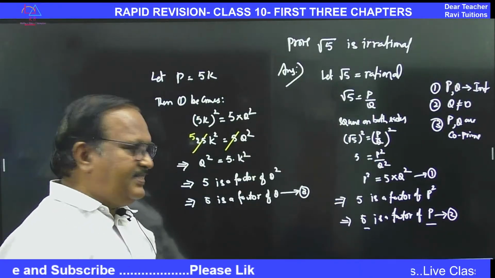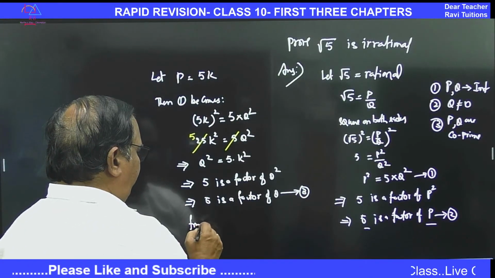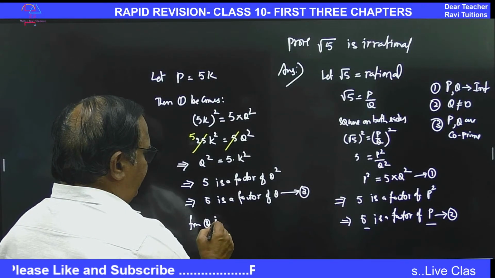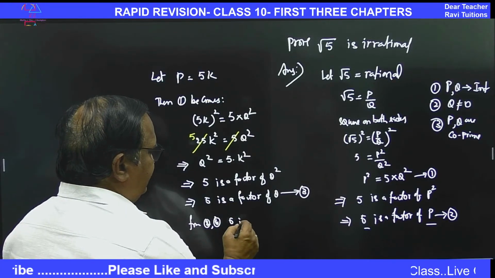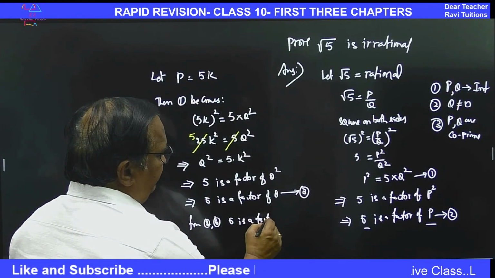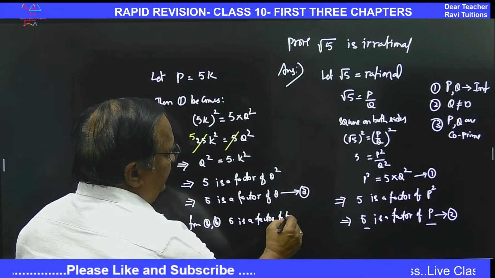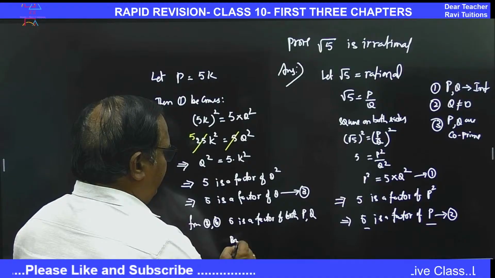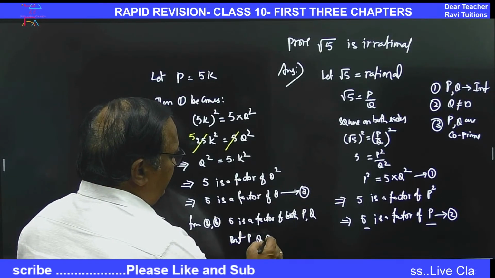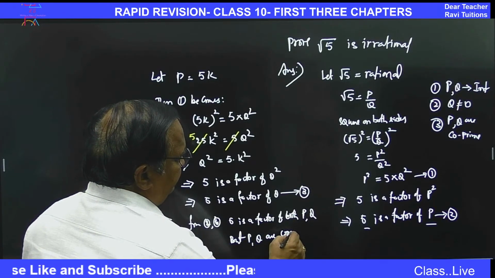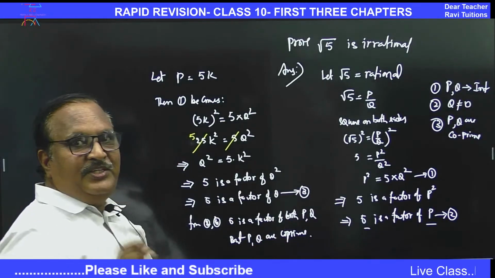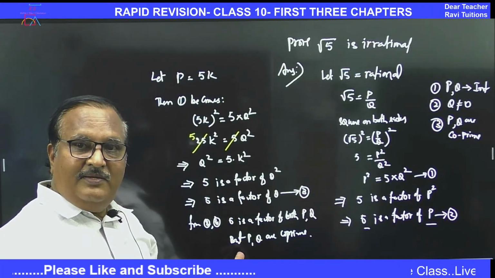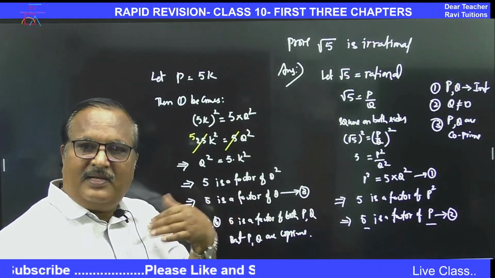From 2 and 3, 5 is a factor of both p and q, but p and q are co-prime numbers. They should not have a common factor other than 1. But we have got 5 as a factor, and 5 is other than 1.